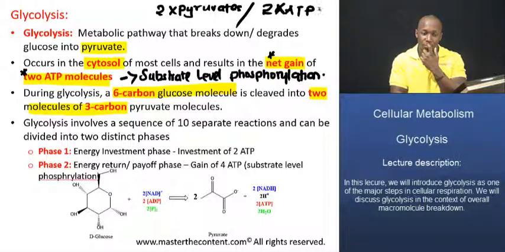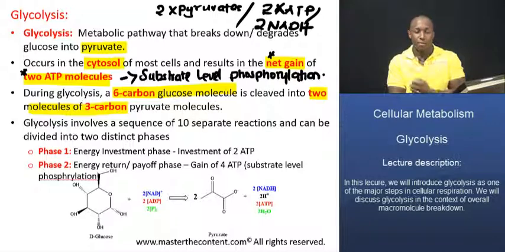And we also produce 2 NADH, that powerful reducing agent. Those are the main products of this process. It wouldn't hurt you to commit those to memory. It's really important to know the net products produced in this process. A lot of questions are centered around that key piece of information.